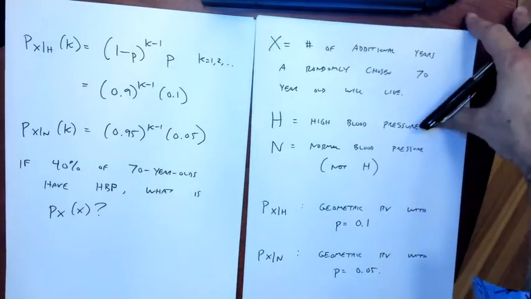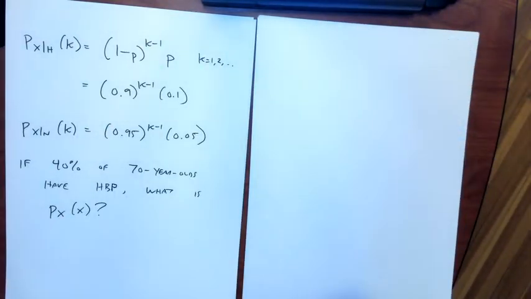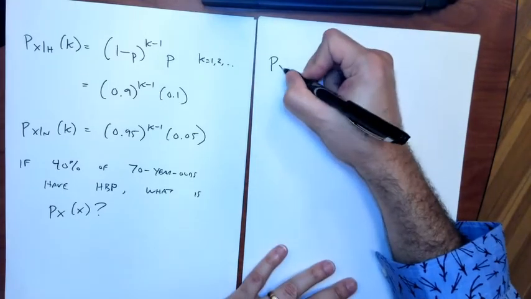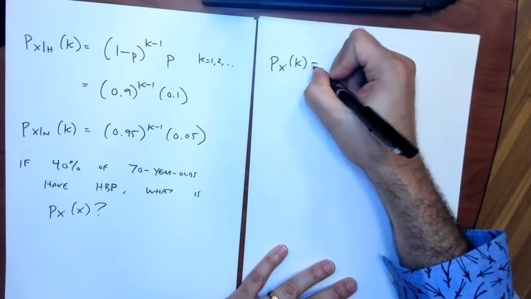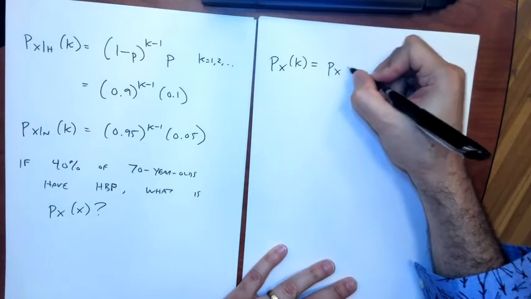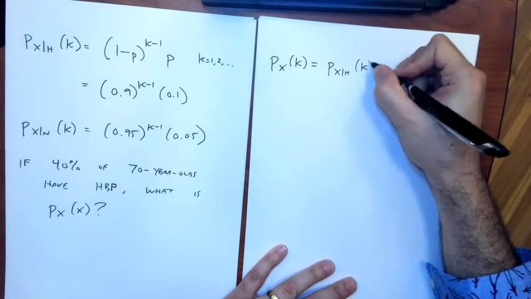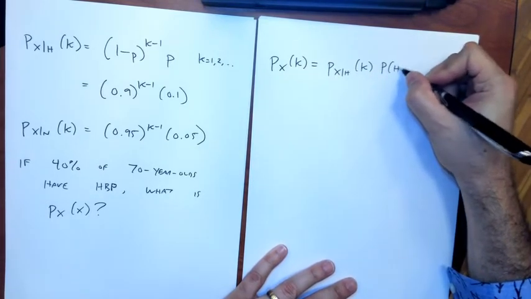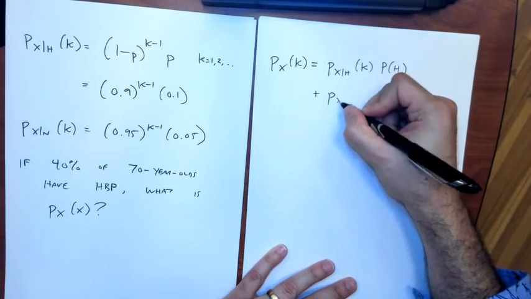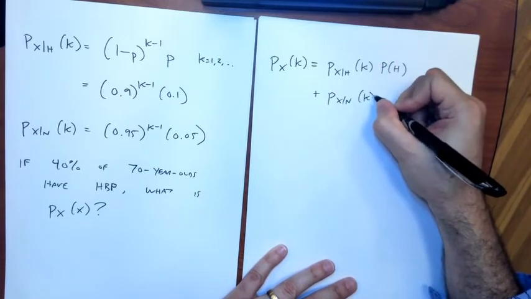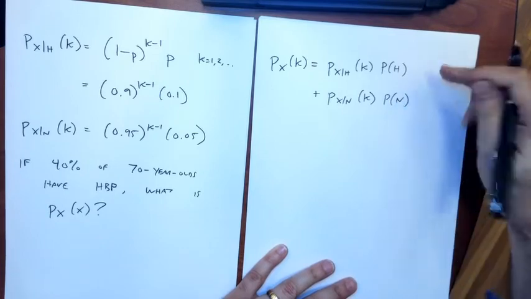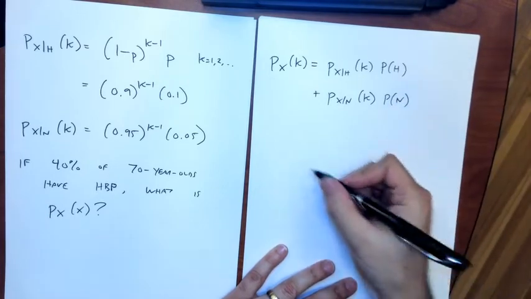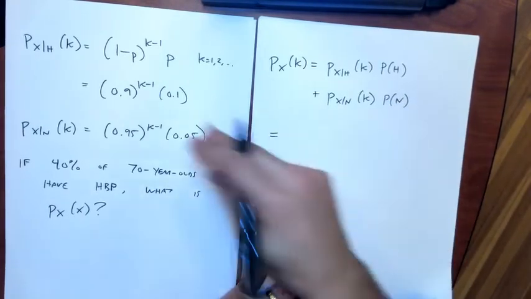So the overall distribution is the PMF given I'm in the high state plus the PMF given I'm in the normal state, weighted by the two categories.